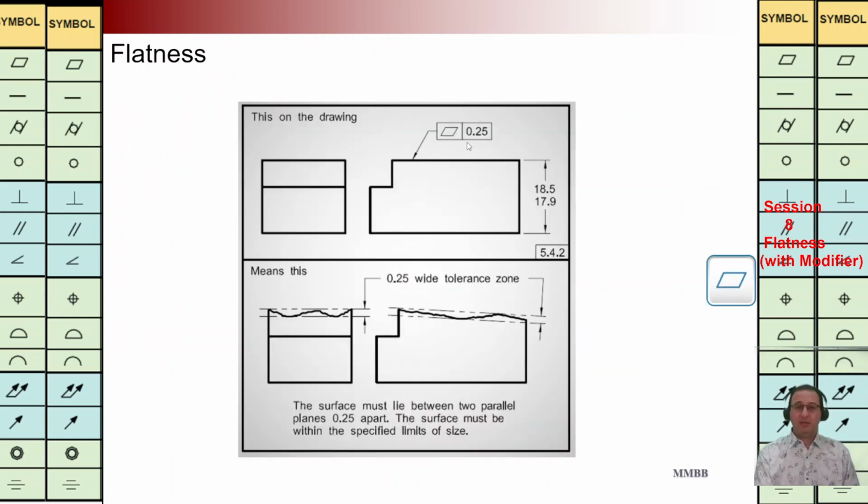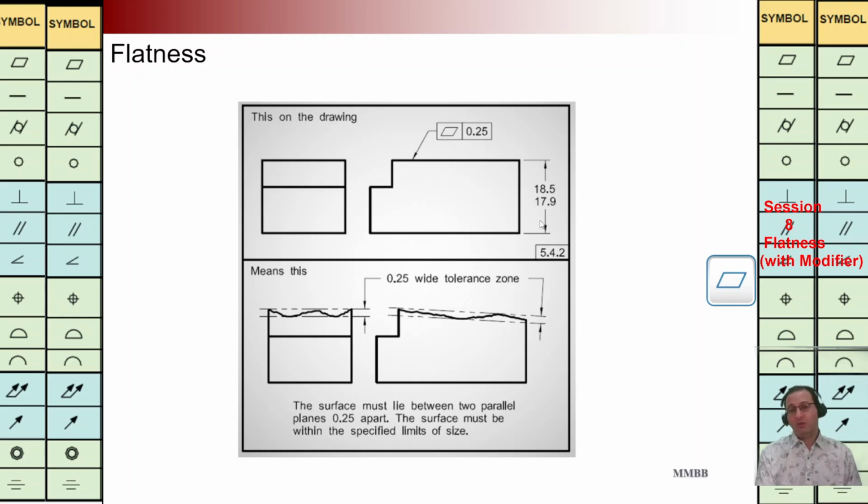In this example, we have flatness of this surface. It is 0.25. The height of that should be in this interval. It means if I'm going to use any two parallel surfaces, the distance between these two should be 0.25. This wavy surface should be in this interval.